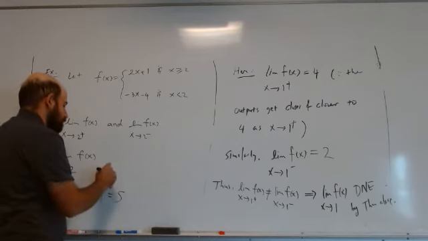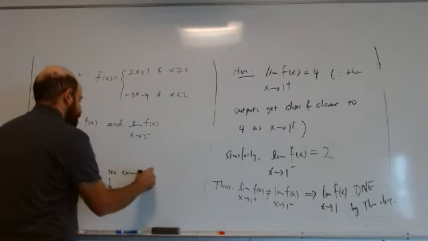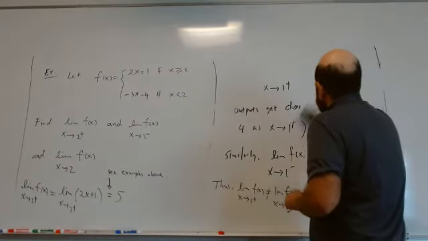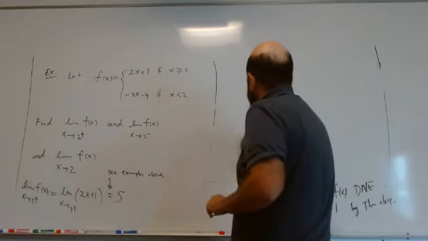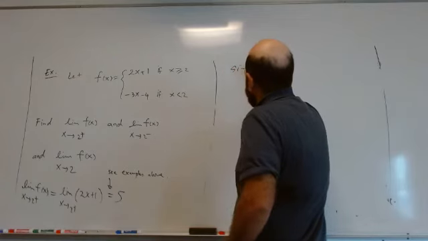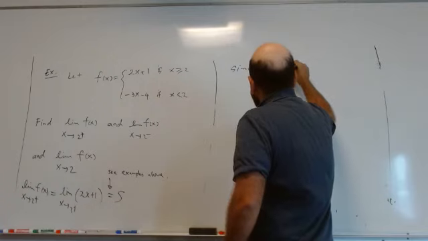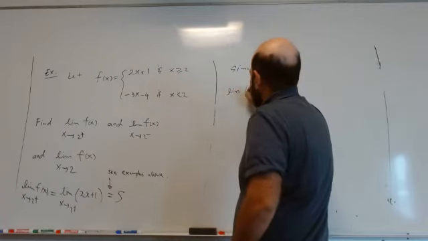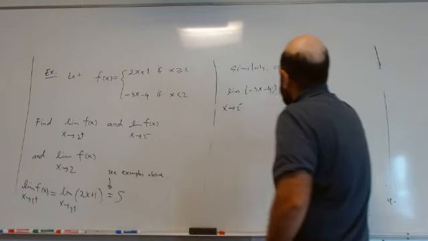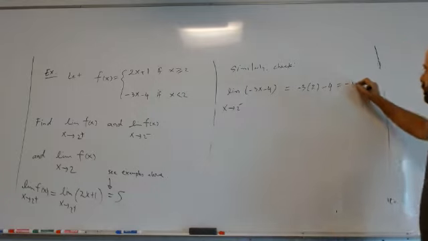See examples above. And similarly, you can check that the left limit is, how much is it? Minus 3 times 2 minus 4. This is minus 10.